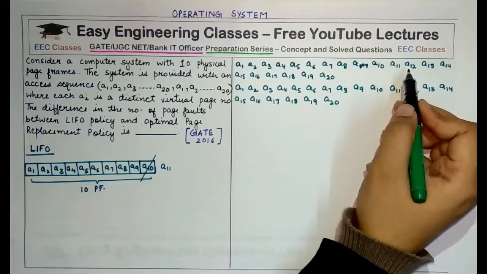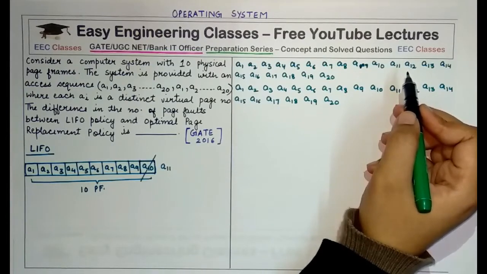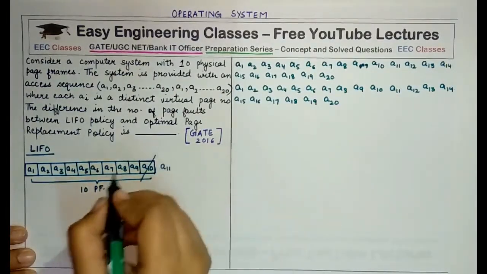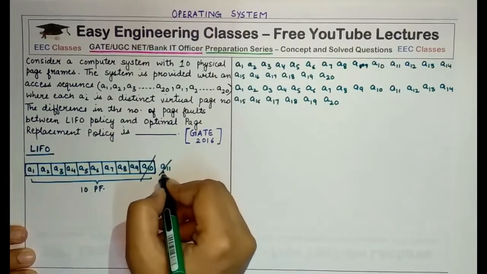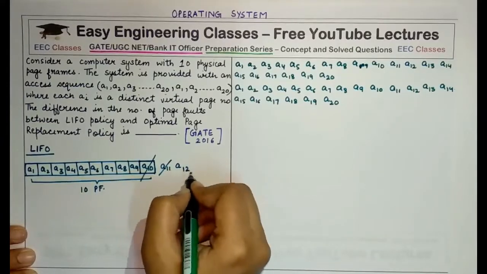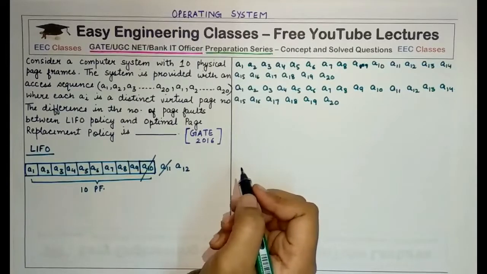A12 will again replace the page that entered this frame set last. The last page was A11. So when we have to assign A12 to one of the frames, A11 would be replaced. And A12 would cause one page fault because it was initially not present.